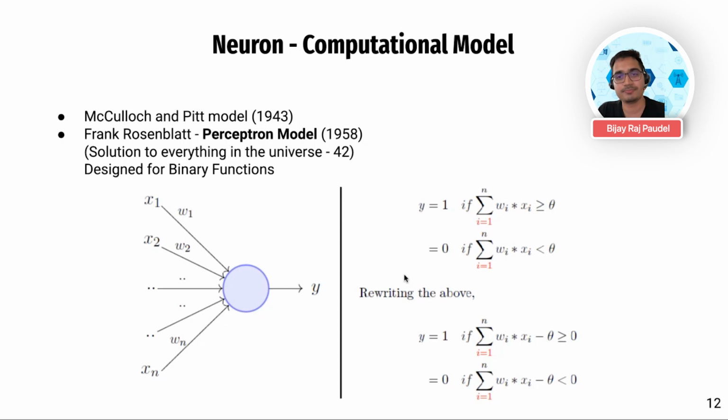We will see some mathematics, some complications here. What this perceptron model did was take a bunch of inputs, like all these stimuli x1 to xn. It had connections from those inputs to some unit.